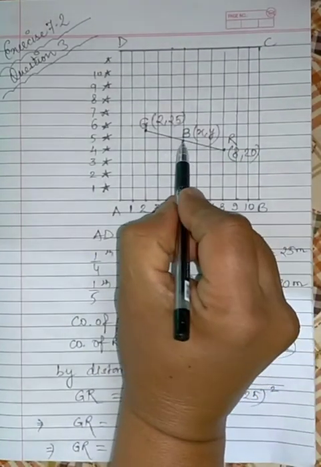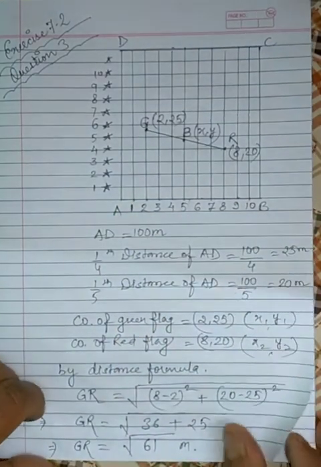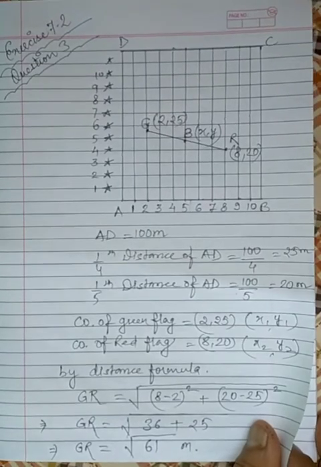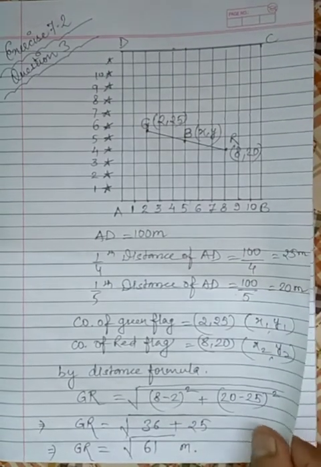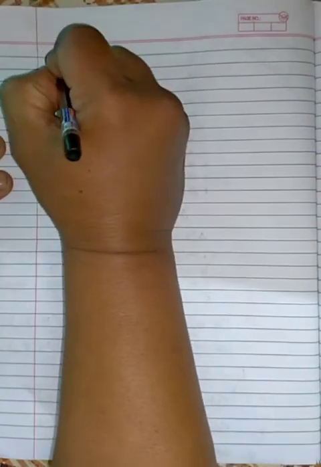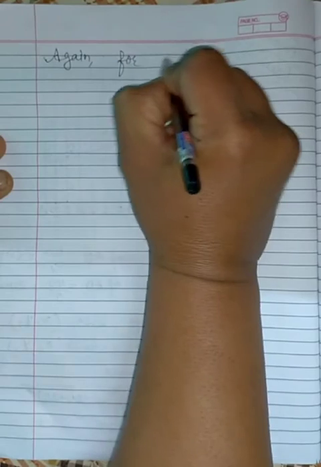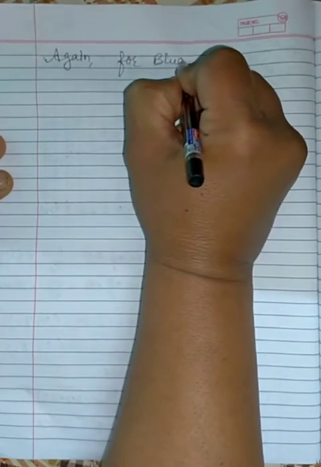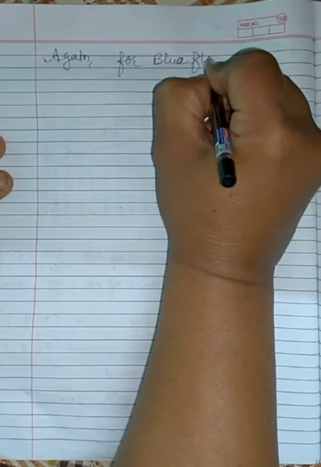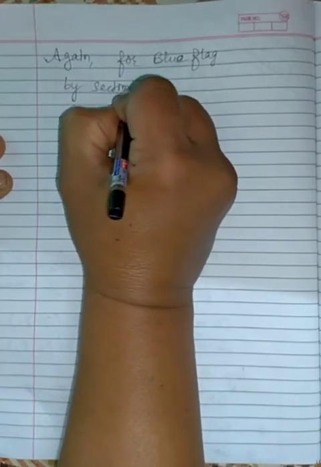Now if point B is exactly between these two, we can apply here the section formula, which is basically the midpoint formula. Let's try this. Again, for the blue flag, by section midpoint formula.